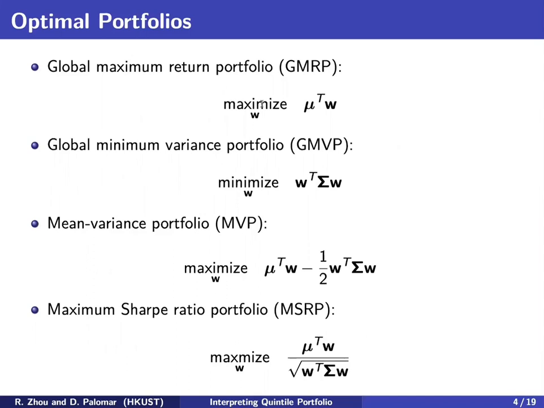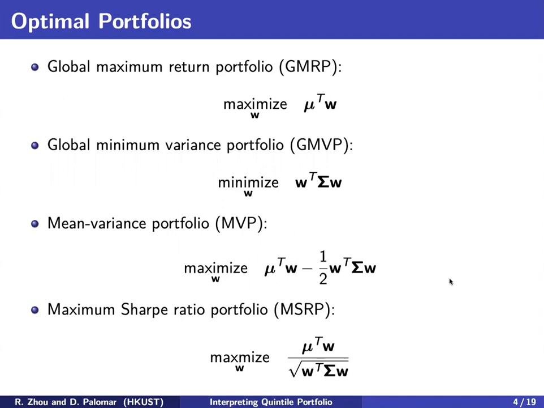So they want to maximize the profit and minimize the risk. The mean variance portfolio and maximum Sharpe ratio portfolio strike a balance between the profit and risk. So we can choose any of these portfolios and solve the problem to get the optimal portfolio.